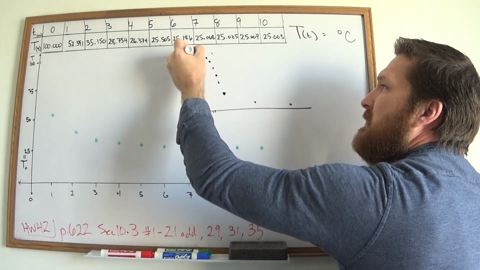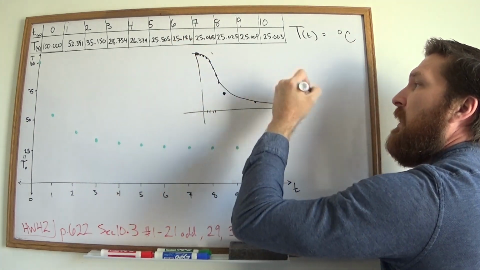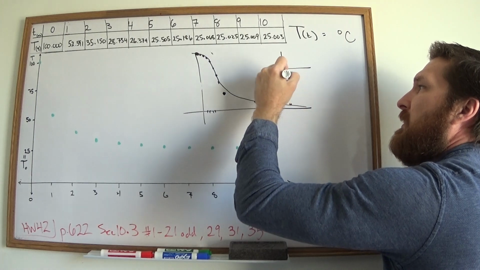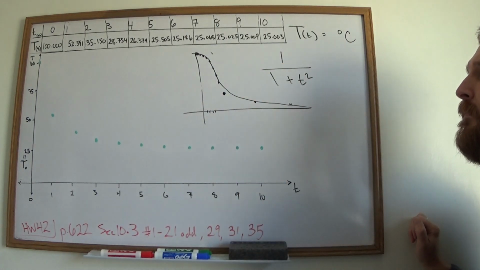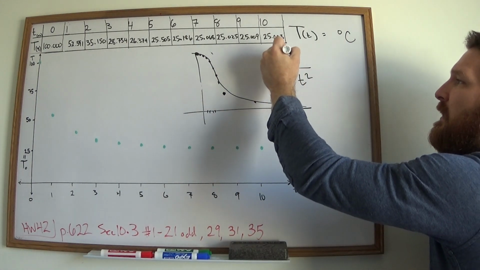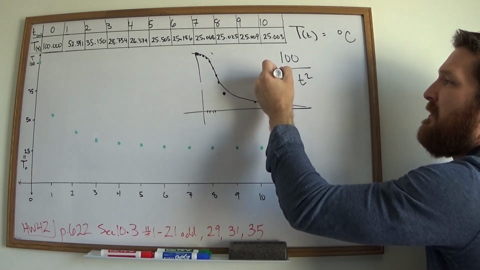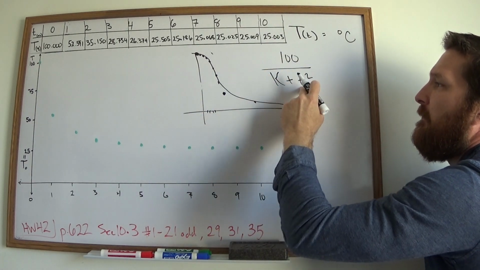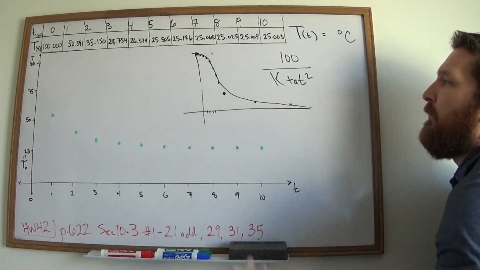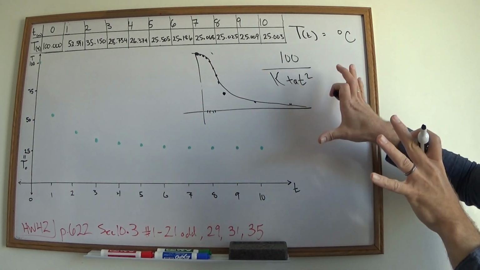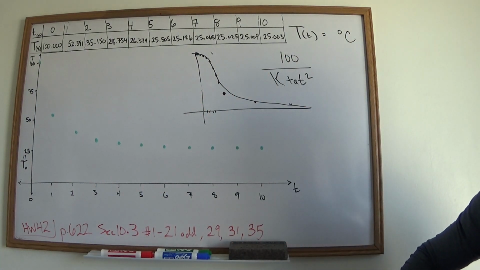In which case, maybe it is better approximated by something like this, with maybe 100 on the top, some k, and some a. Maybe that's the type of function that we want to fit to this.